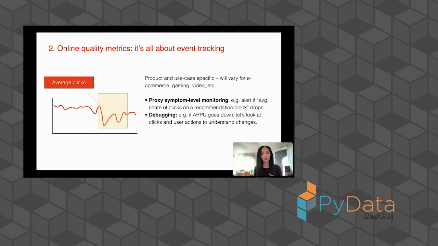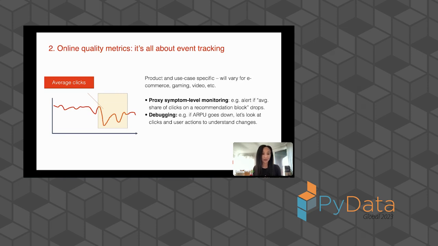This is why we can easily set up alerts on such metrics, like the average share of clicks on a recommendation block, or the average share of conversion from level n to level n+1 in an online game, etc. It's also very nice to analyze the connection between the online business metrics and such metrics, like correlation, in order to set up the right alert.